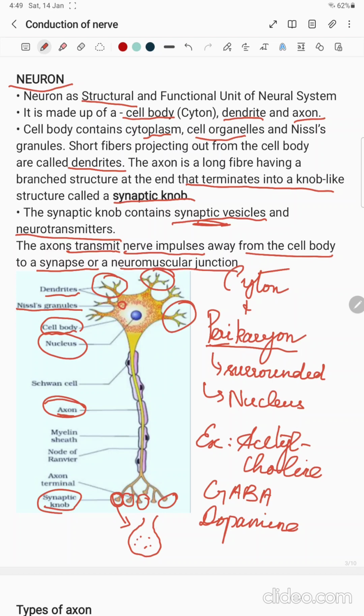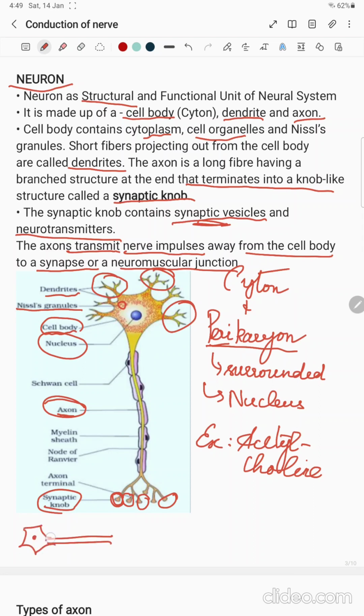So what is a neuromuscular junction? Just consider this as one neuron. Now the next neuron will be like this. This is the axon. What is the function of this axon?